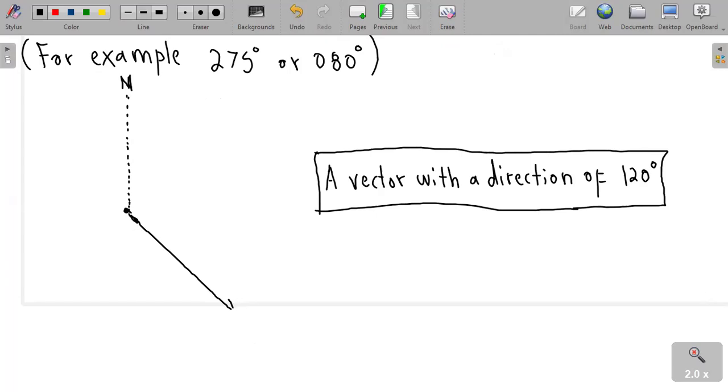So the vector will point this way. You will have 120 degrees, a rotation from the north of 120 degrees.